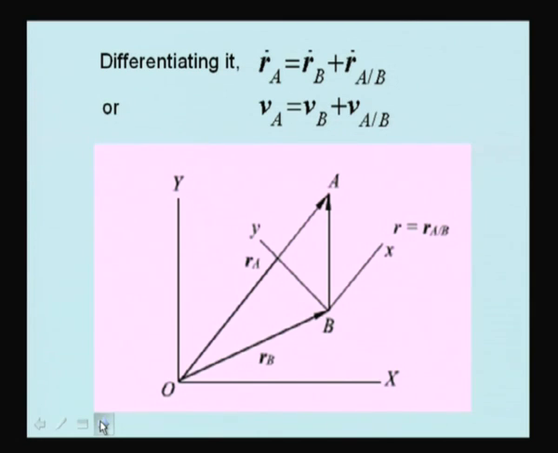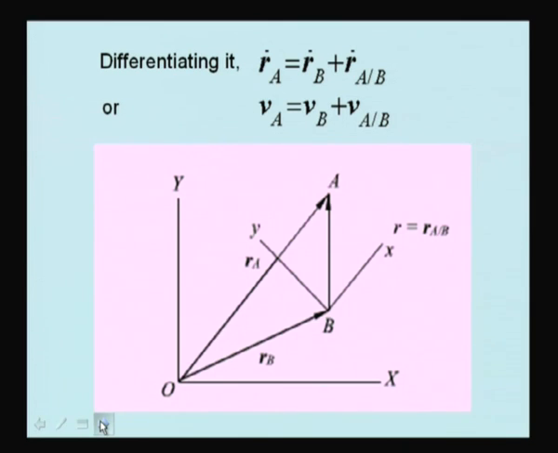Similarly, r_B is the position vector of B in the capital X, capital Y reference frame. Therefore, r dot B indicates the velocity of point B, that is the absolute velocity V_B, plus V_A with respect to B, because r_A/B is the position vector of A with respect to B. Therefore, r dot A/B will be the velocity of A with respect to B. So we get a simple relation that V_A is equal to V_B plus V_A/B.